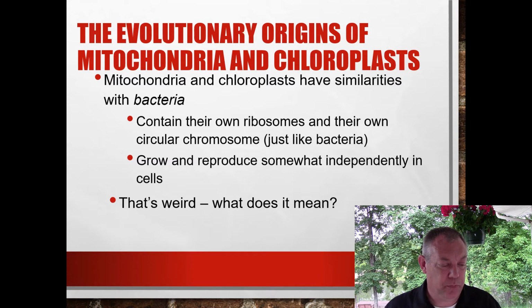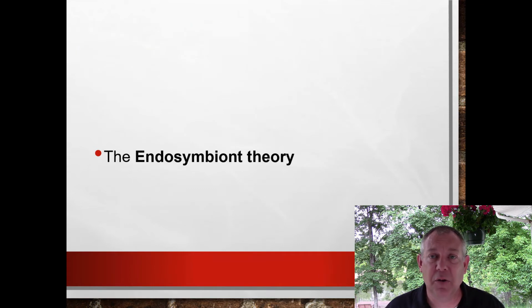That's interesting. They also kind of grow on their own and reproduce somewhat on their own. So these are organelles that can't live outside your cell. They're very important to your cell, but they look a lot like bacteria. So that's interesting and weird. What does it mean? Well, this is evidence for something called the endosymbiont theory. And so endo again means inside.